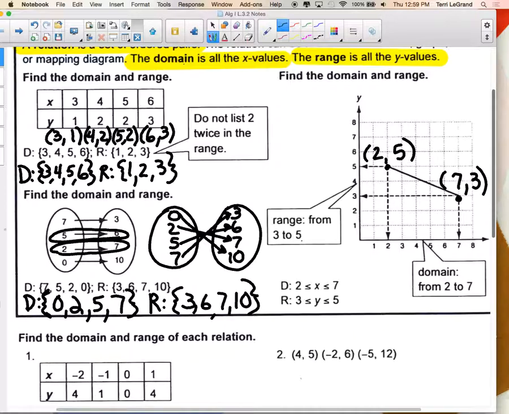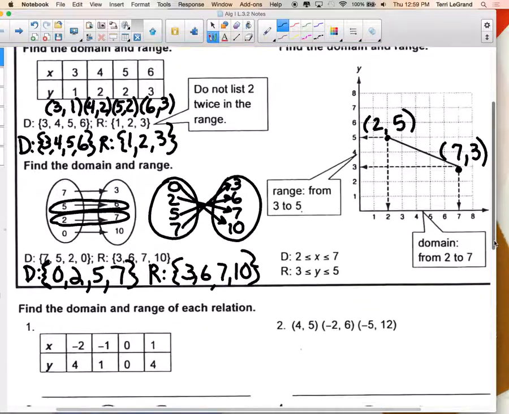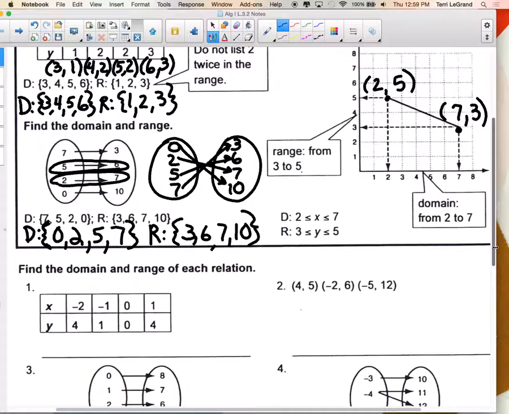So remember, the domain is made up of X values. So included in this domain are not just 2 and 7, but all those points on that line segment between that. So we are going to talk about our domain being, we're going to add some set notation here. Our domain starts at 2, ends at 7, and notice it's an and compound inequality.